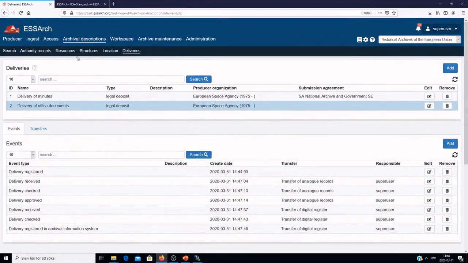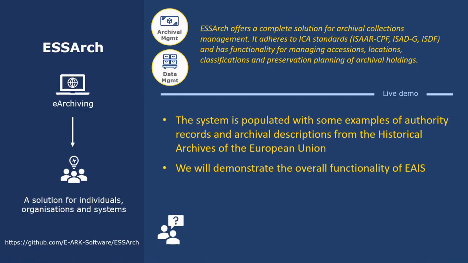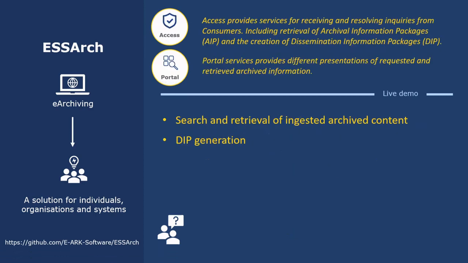So I think that wraps it up for this section, and we will move forward to the next slide, where we're going to talk more about access and services, how we could provide access to content. So search and retrieval and DIP generation.